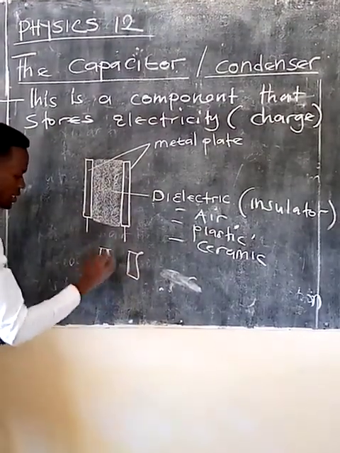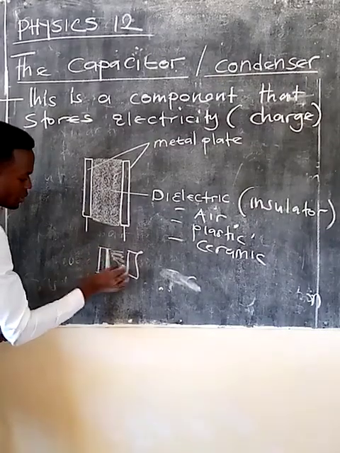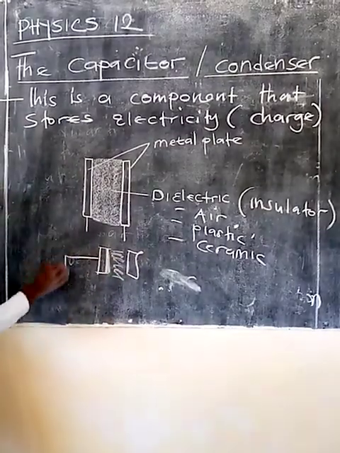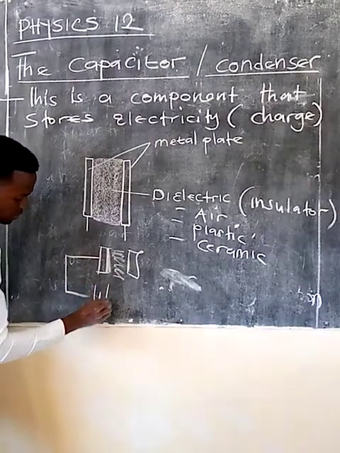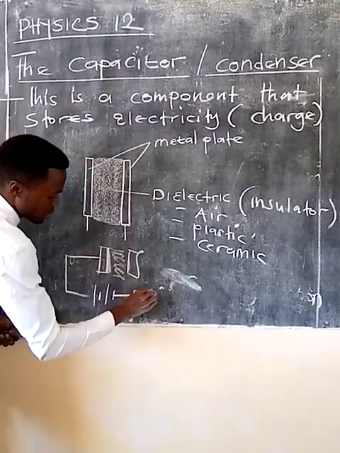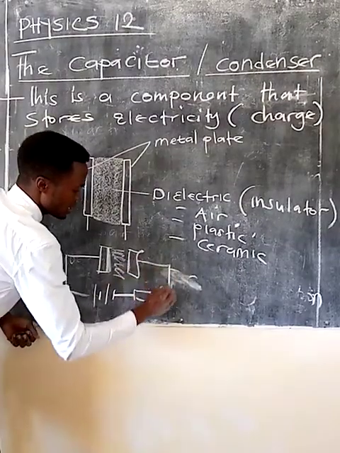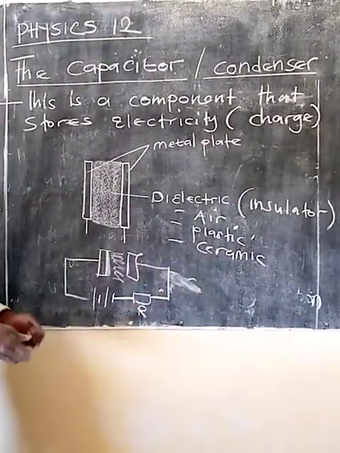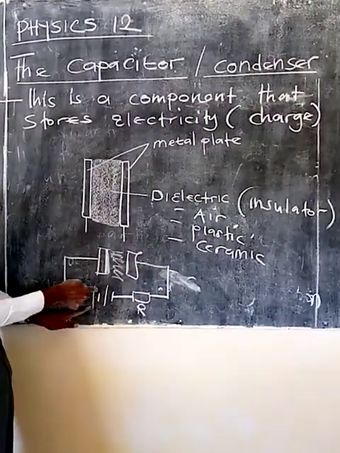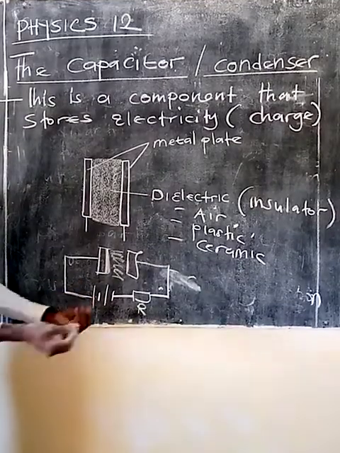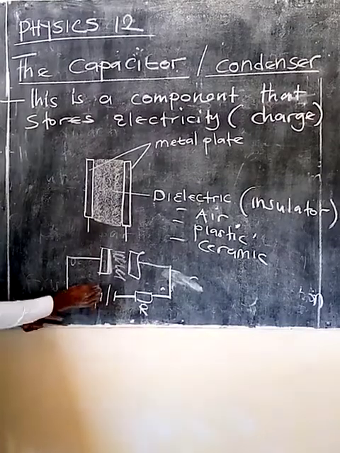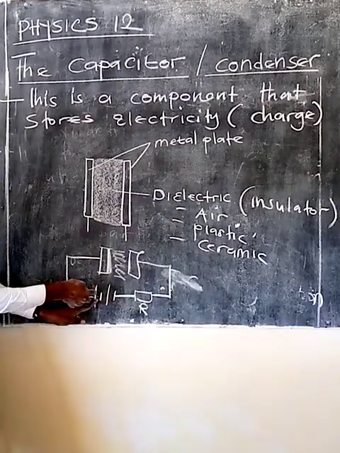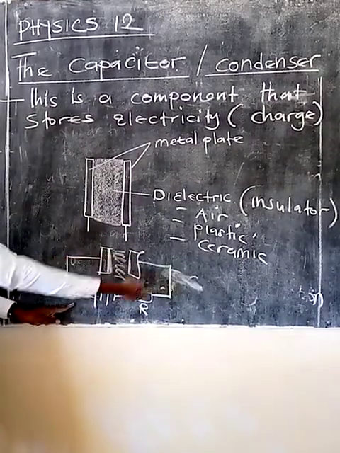So if this is the simple circuit, and this is a capacitor there, then it is connected to a resistor. So this is a resistor. Now, we have two types of charges, the positive and the negative charge. The current always moves from the positive going to the negative.